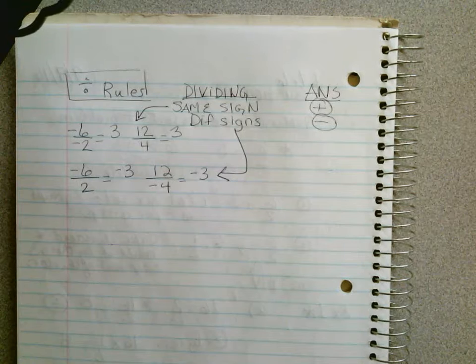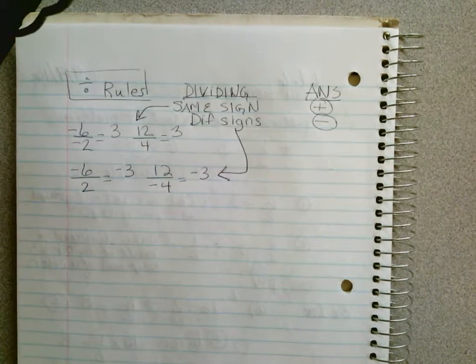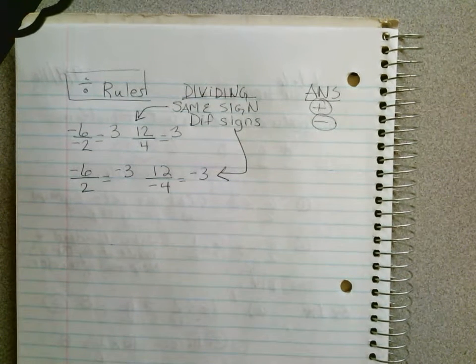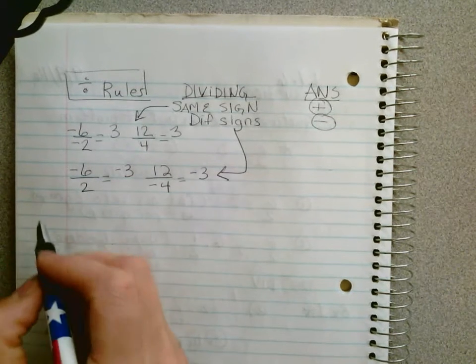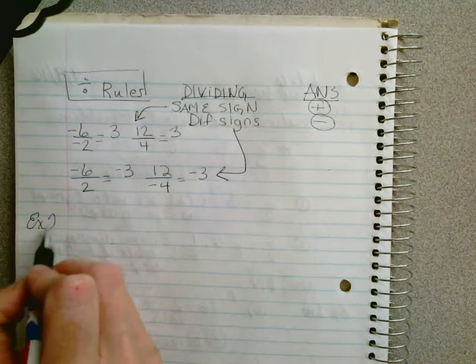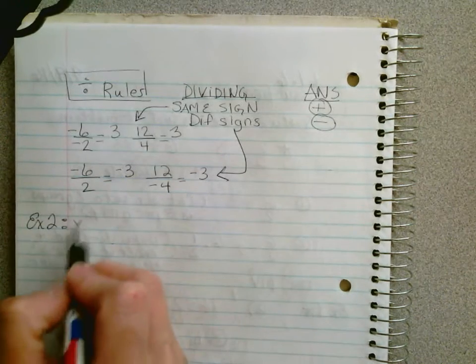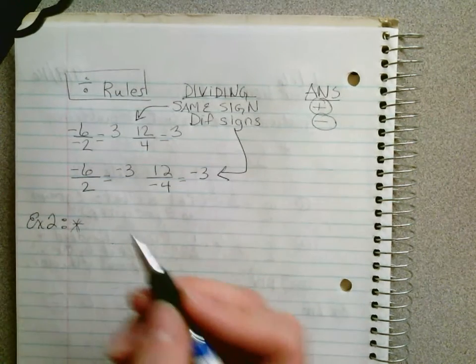Example 2 simply has you now not only using the order of operations, but it also has you using this methodology, okay? And I'm going to give you my example 2. Okay, this one is mine, and it goes something like this.